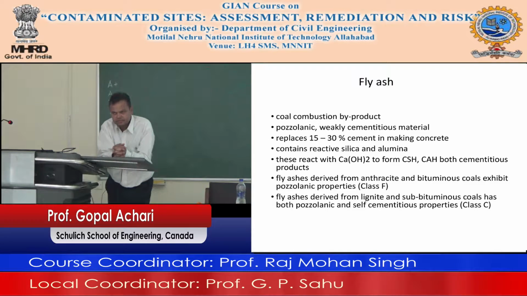Fly ash is produced when you burn coal, and thermal power plants burn coal in large quantities, so you get fly ash there. It is the one that goes to the top. That's why it's called fly ash. The one that goes to the bottom is called bottom ash. Okay, the bottom ash.